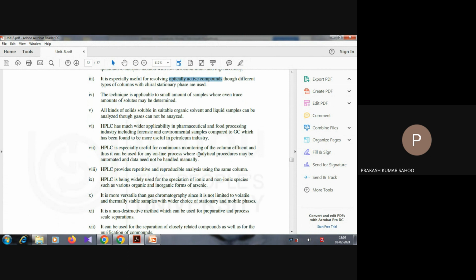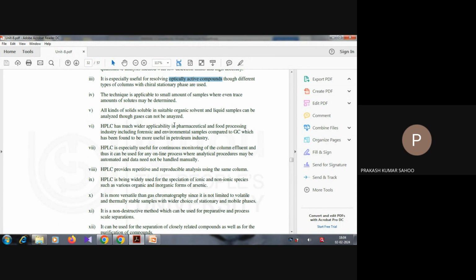The technique is applicable to small amounts of sample, where even trace amounts of solutes may be determined. So when small amounts of samples are there, this technique is applicable. All kinds of solids soluble in a suitable organic solvent and liquid samples can be analyzed, though gases cannot be analyzed.